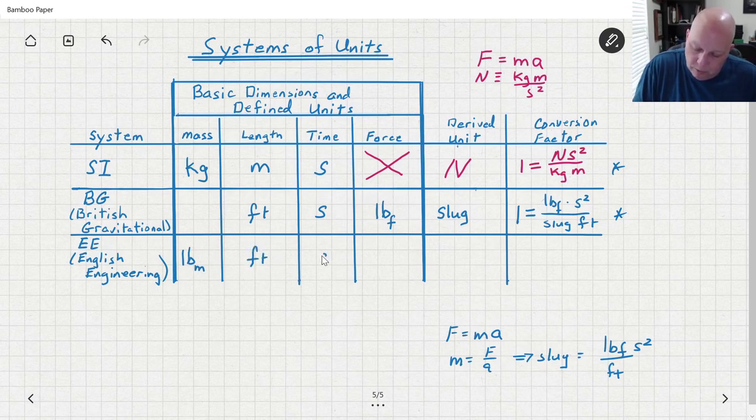For time, we will use second. And here's what's weird about the English engineering system. It's overprescribed. We go ahead and define a pound force to be our unit for force. So we've overspecified. We don't really have a derived unit.